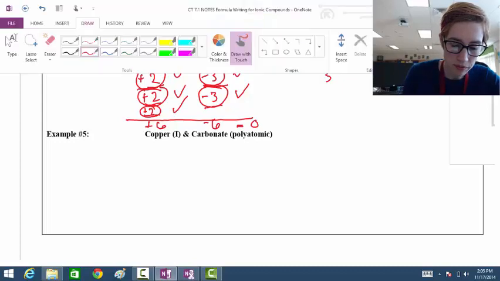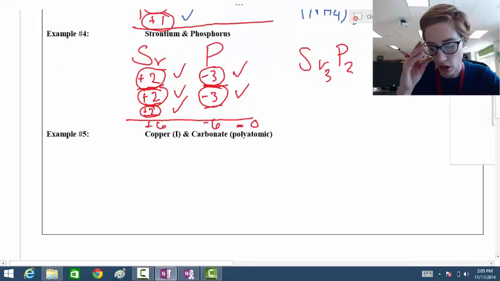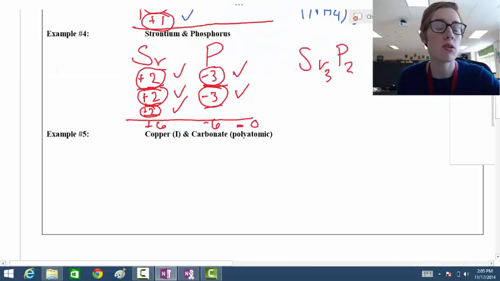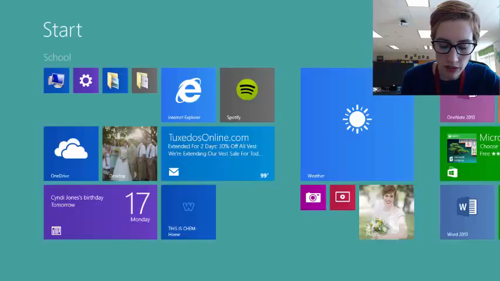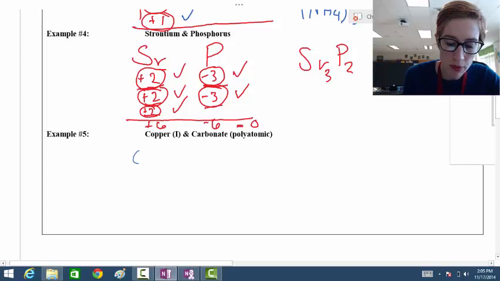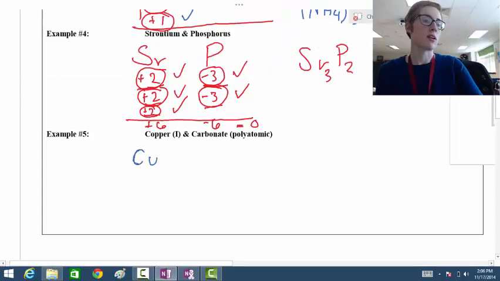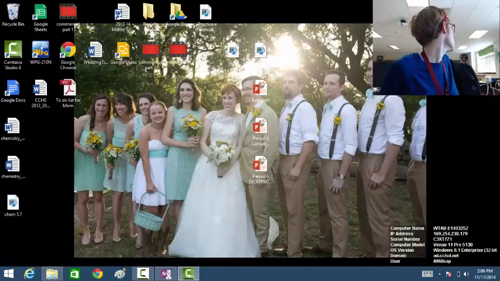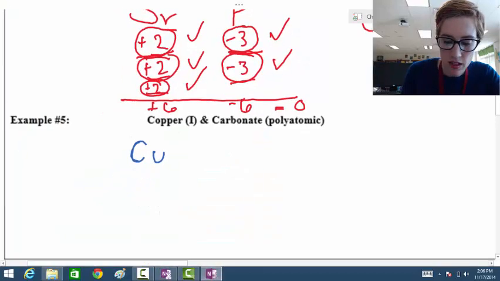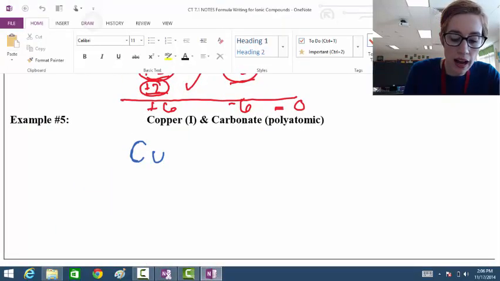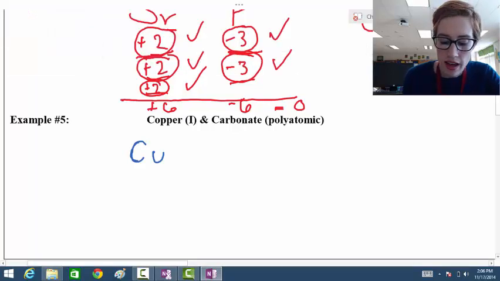Okay, let's do one more. Copper(I) and carbonate. This is the most complicated problem you'll get. Copper is a transition metal. So if we look at copper on the periodic table, we do not know the charge of transition metals, right? Copper is in group 11, and we don't know the charge of 11. So whenever you're doing a transition metal, I will tell you what the charge is.